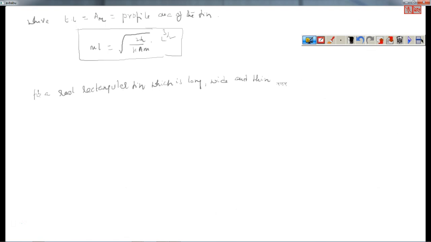So I am going for a real rectangular fin which is long, wide, and thin.